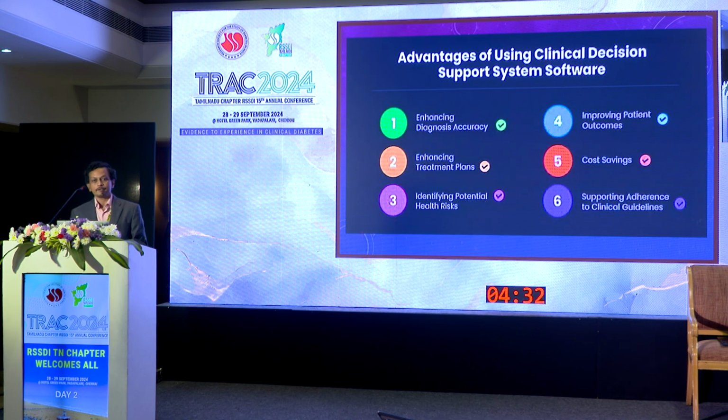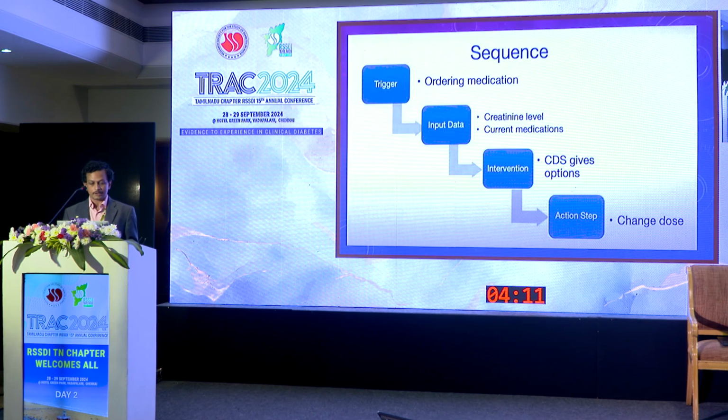And what are the advantages of using decision support systems? Of course, it helps to improve diagnostic accuracy, treatment enhancement, identifying potential health risks, improving patient outcomes, and ultimately cost savings to the patient. And by providing all these, we can improve adherence to the treatment itself.